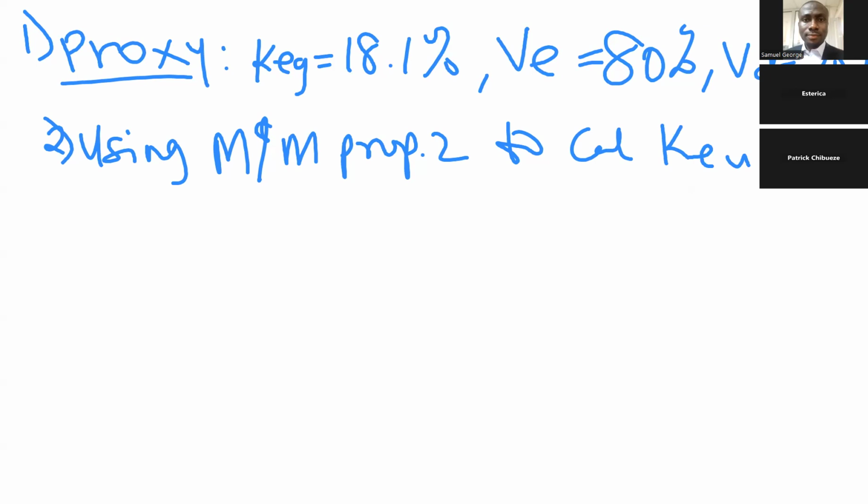Remember, this is the cost of equity of a company that is not geared. It is going to help you estimate business risk. It is exactly like beta asset, doing the same job, but beta asset is speaking for CAPM, and this one is speaking for Miller and Modigliani.